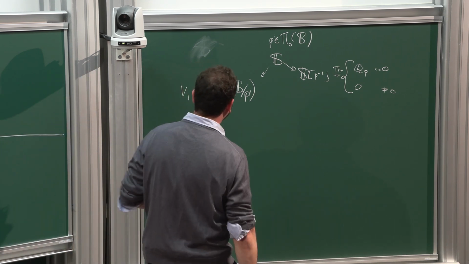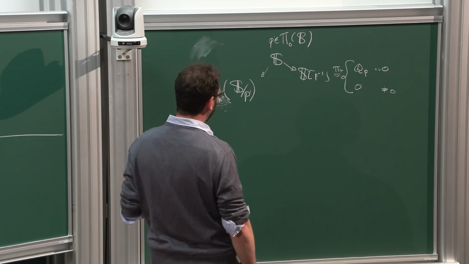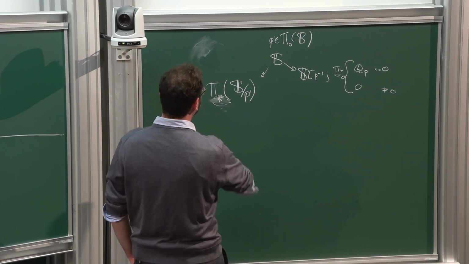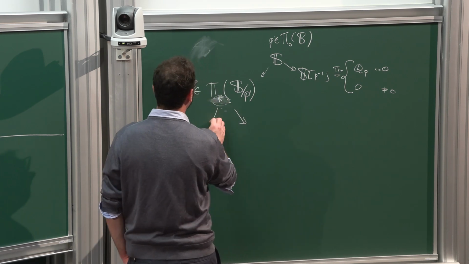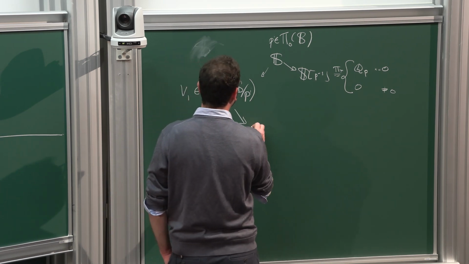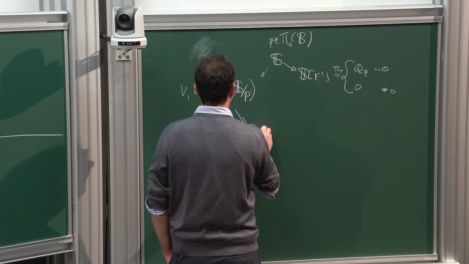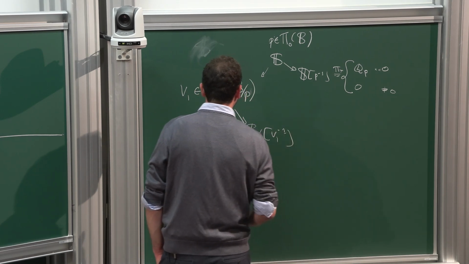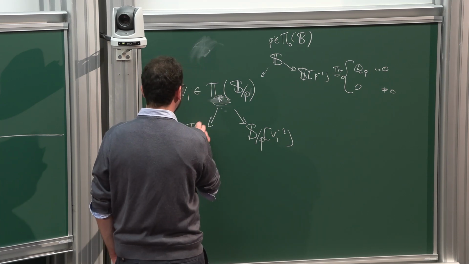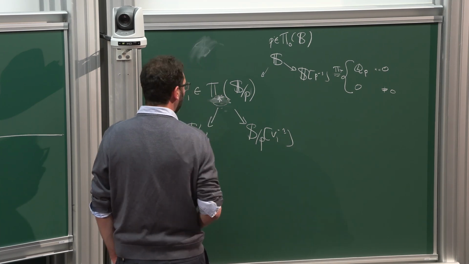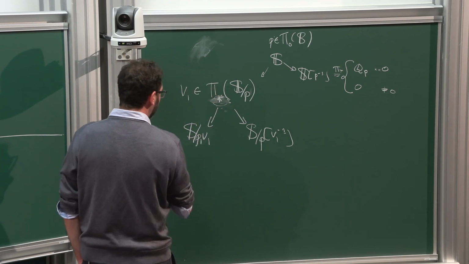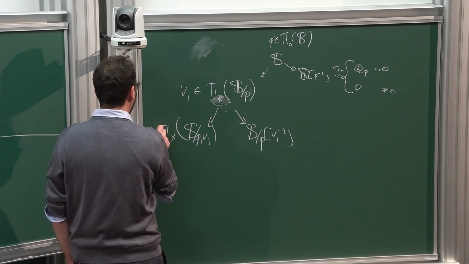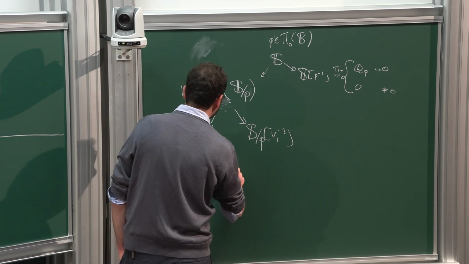Let me try to go back, ignoring that issue. We have this element which is not invertible and not nilpotent, so we can continue with the process. We can invert V1 here, or we can quotient. And then suddenly there's another element called V2, and we can do it again.